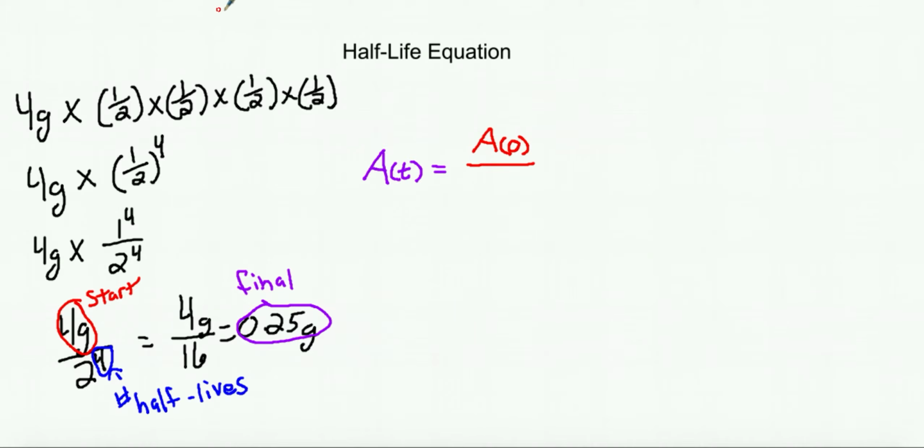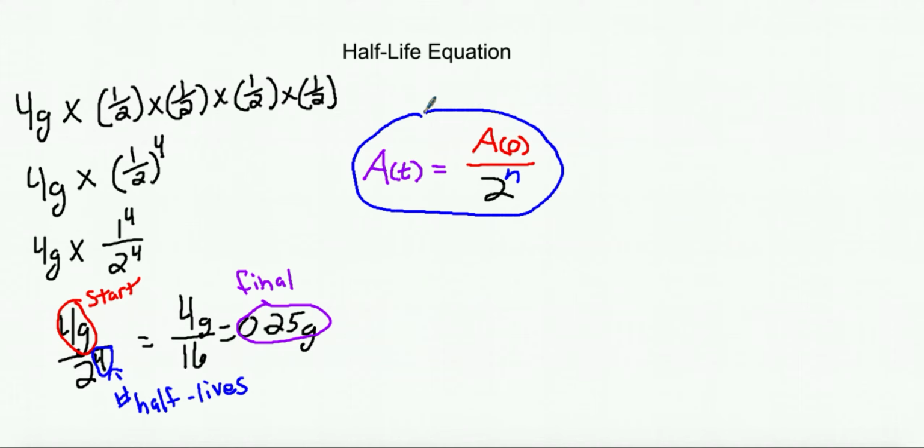Because we're dividing by 2 since it is half-life, that 2 is just going to be raised to the number of half-lives. So we're going to use n for that. So here we have a general equation for half-life. And again, our A(t) here is equal to our final amount.